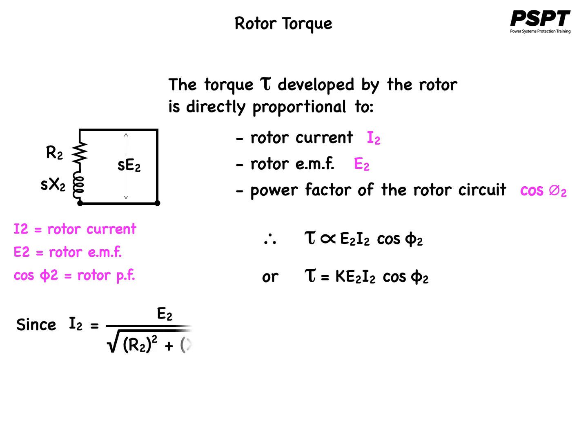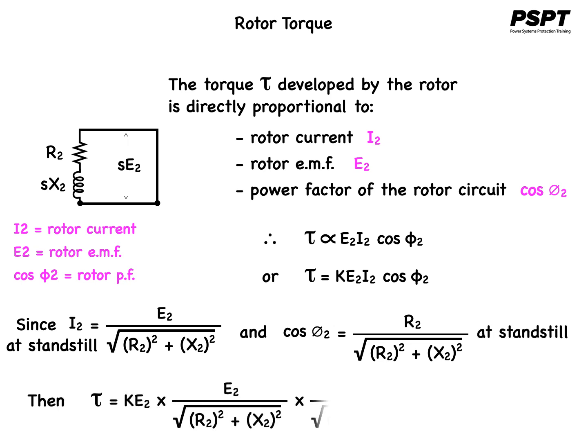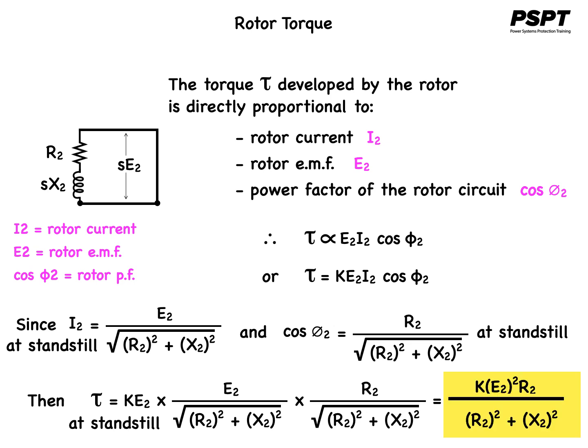Since I2 at standstill is equal to this equation, and cos phi 2 at standstill is equal to this equation, we can now plug these two fractions into our previous equation to give us this big long one, which ultimately leads to this equation: k times E2 squared times R2 all over R2 squared plus X2 squared.